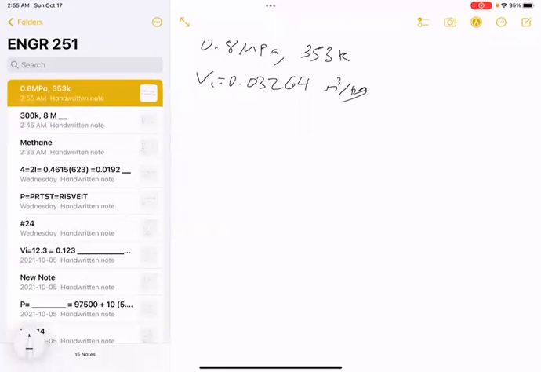So the next way we're going to do it is we're going to use the ideal gas law, right? Pressure equals density, R, which depends on the material, and T. Okay, and we know again that rho is 1 over specific volume.